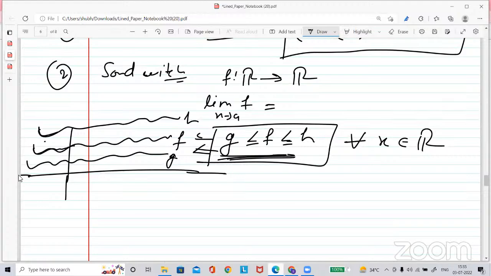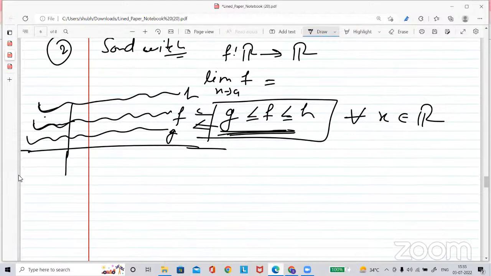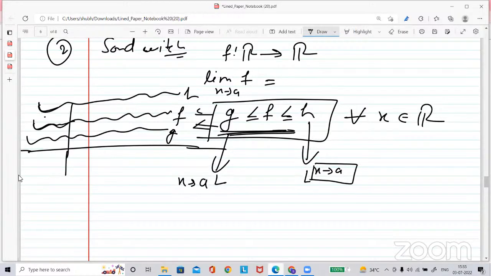Now you are lucky to get such functions h and g, and again I'm using the word lucky, you are able to get the limit as x approaches a. Suppose the limit of h as x approaches a is exactly L, and the limit of g is also L. Not L prime: the two do not go to different limits, they have the same limit.